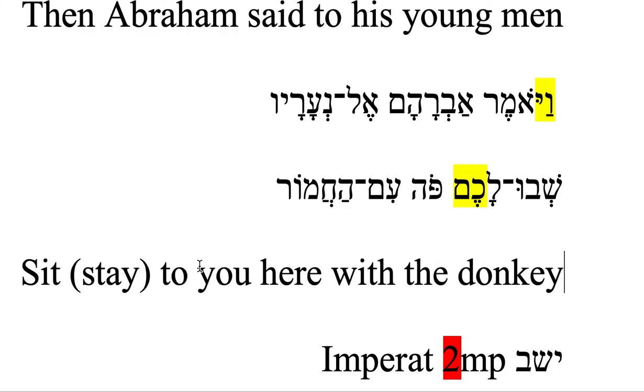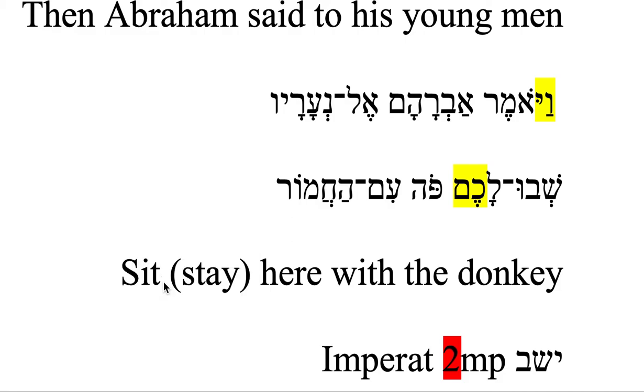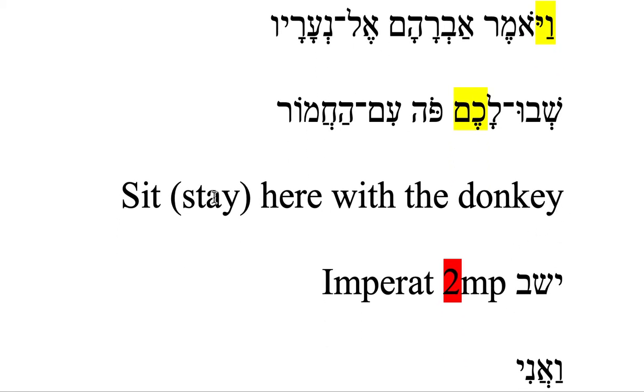So sit to you here with the donkey. The to you is just emphasizing, he's looking at them and he's emphasizing them. You need to sit here. You, it's about you. In English, we don't need that. In English, this is not necessary. You can just say, sit here with the donkey, or stay here with the donkey.